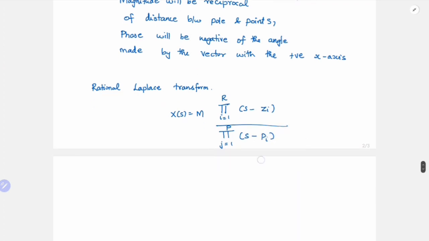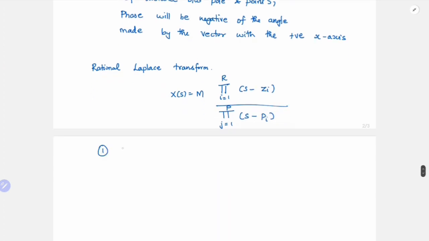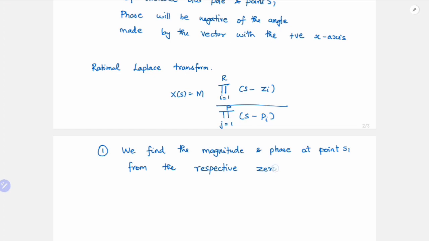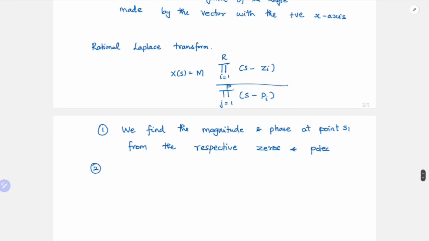So what do we do in this case? So first we find the magnitude and phase at point S1 from the respective zeros and poles. And then what do we do?